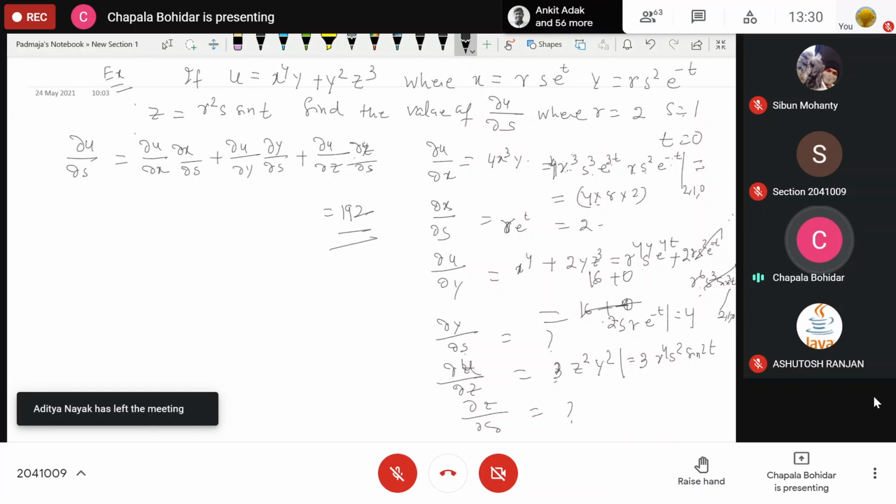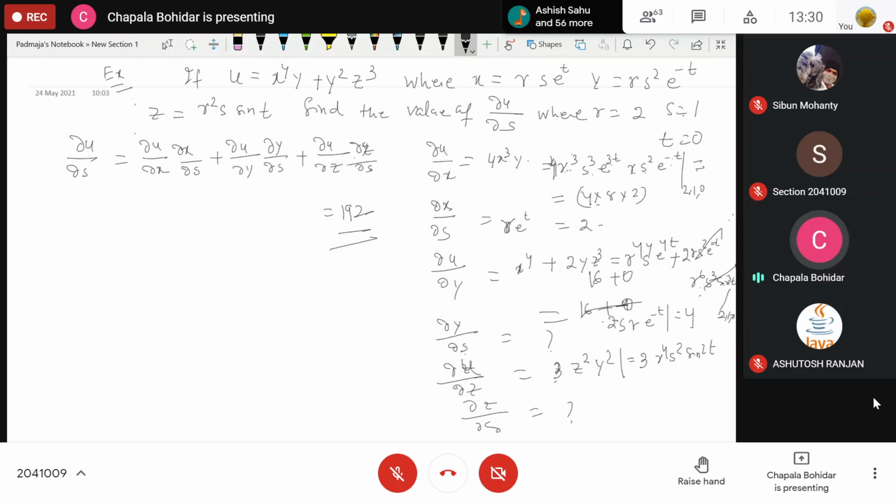Del u by del z is coming 0. Sin square t means if you put any value, it will become 0. Not necessary to write down r square s4 e to the power minus 2t. We put the value, it will become 0. So here del u by del z, this part becomes 0 totally.